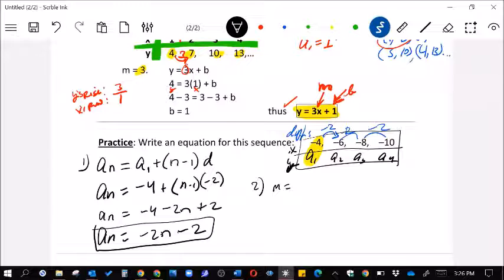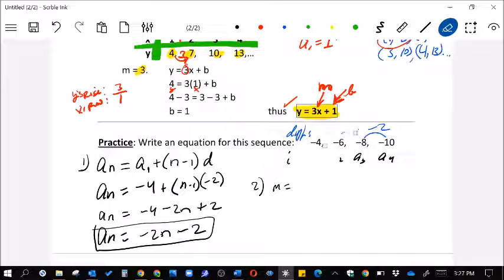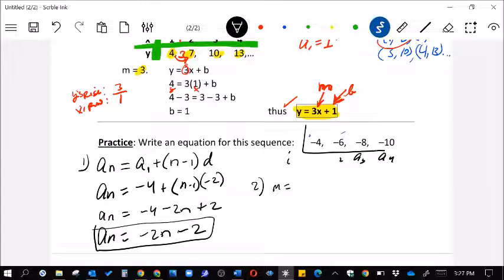Oops, I did it the wrong one. Let's fix that. I have to do the table this way. Those are the x's and those are the y's, because the numbers given to me were already the y's. Those will be 1, 2, 3, and 4.